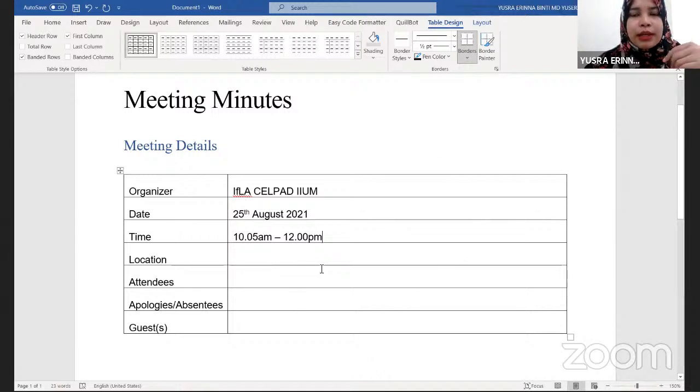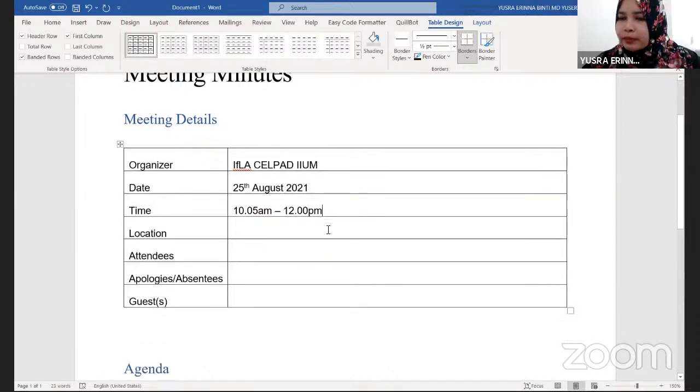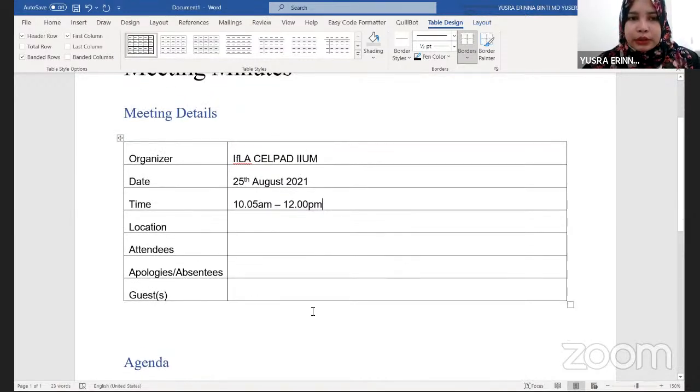So if you are always in charge of recording the meeting minutes, you can just make this template ready. When the meeting starts, you just fill in what you need to fill in, and so on and so forth.